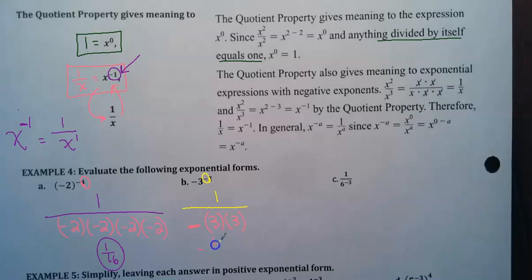So negative 1/9. You could write it as negative 1 over 9, or 1 over negative 9. You can put the negative in the middle. All of those are the same. Does not matter at all. However you write it, perfectly fine.